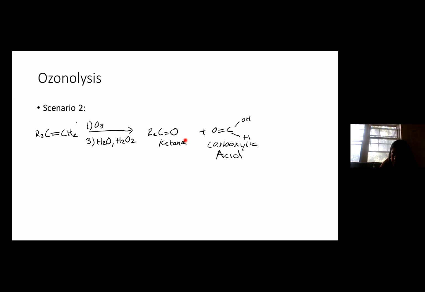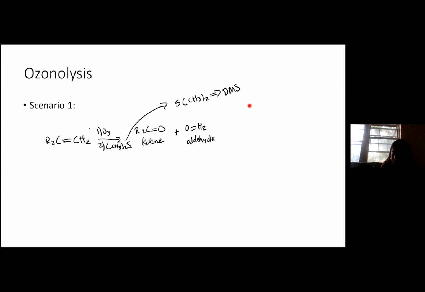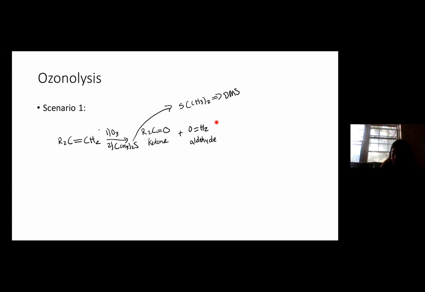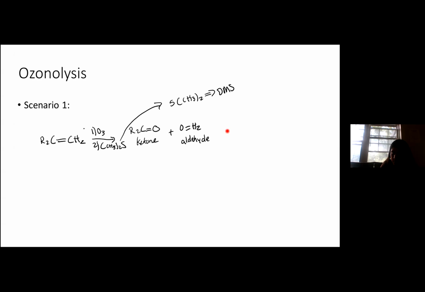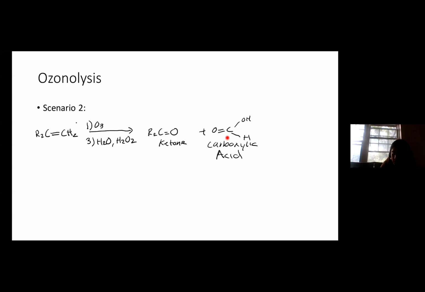We still have the ketone, so this right here doesn't affect the R's, where R means the rest of the molecule. But it does affect this one. You remember that this one right here had an H attached to it, but now the H is going to be replaced by OH, and this is going to be a carboxylic acid. Does that make sense to everyone?